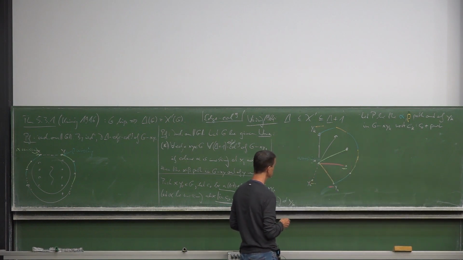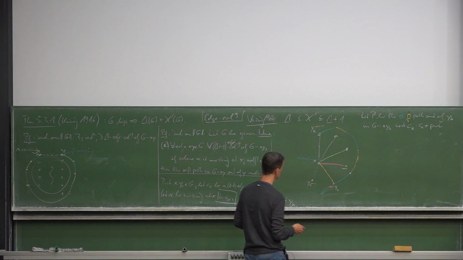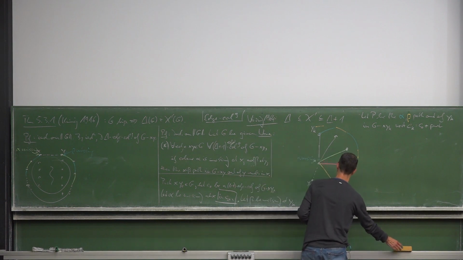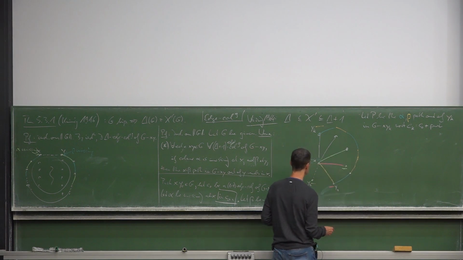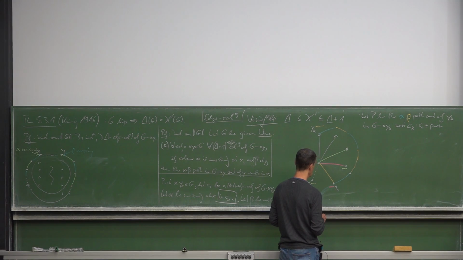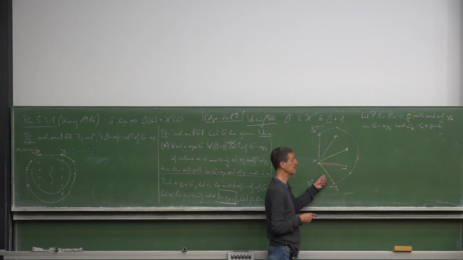Okay. Now, careful. So the picture is now misleading because this yellow color is a color not in C naught. It's a color in CK.